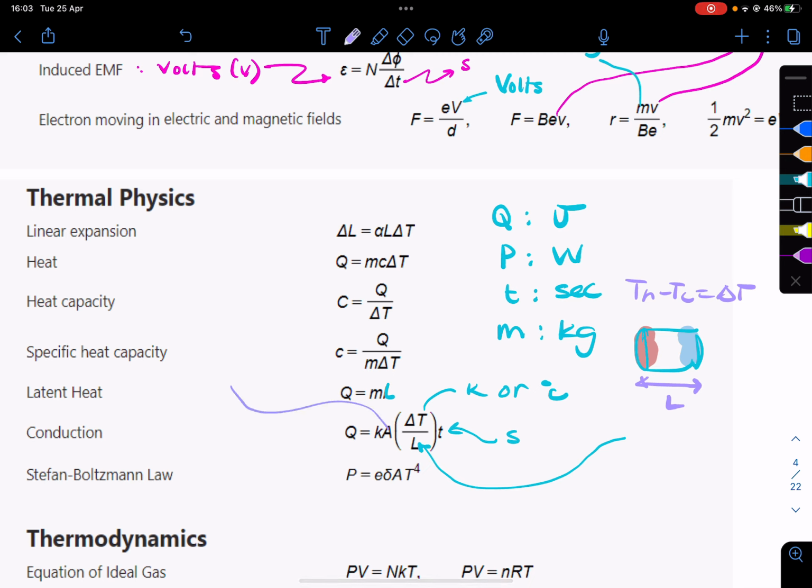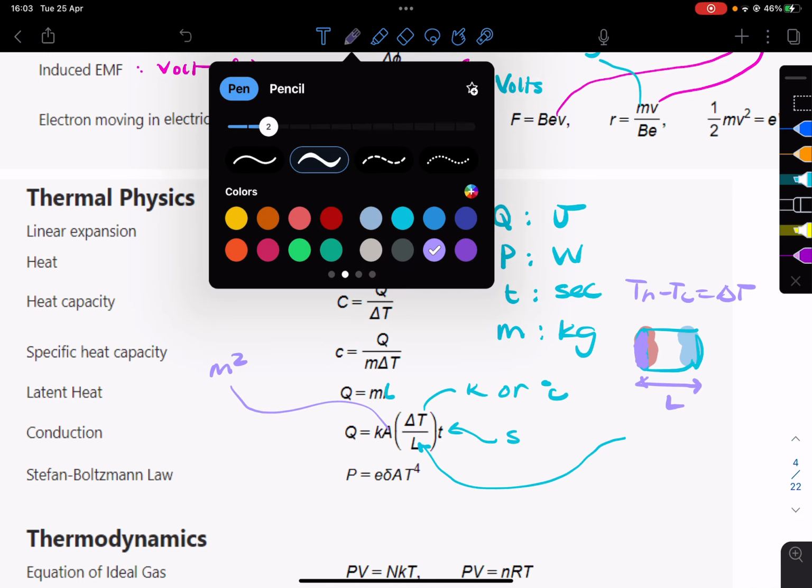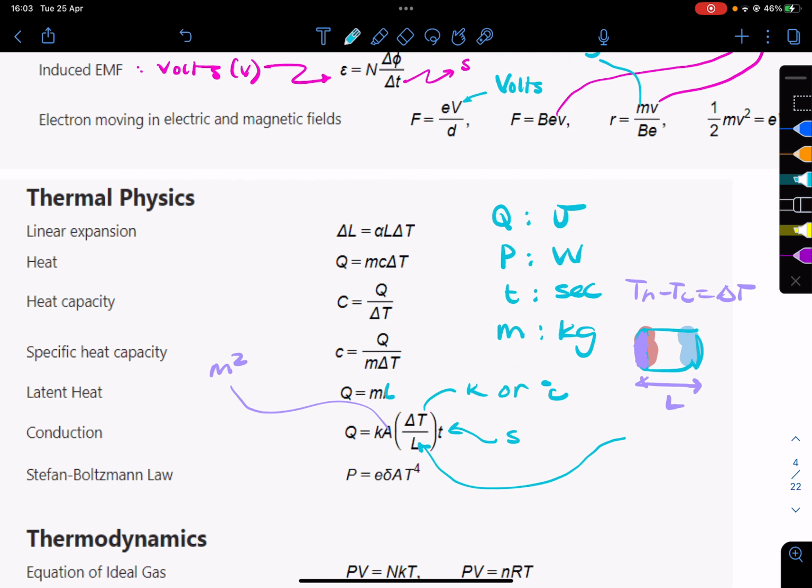A is the area, the cross-sectional area in meters squared. You may need a little formula for the area. If it's a circle, your area will be pi r squared. If it's a rectangle, then the area will just be the length times the width. Okay, but this length obviously is not the same as that length, right?